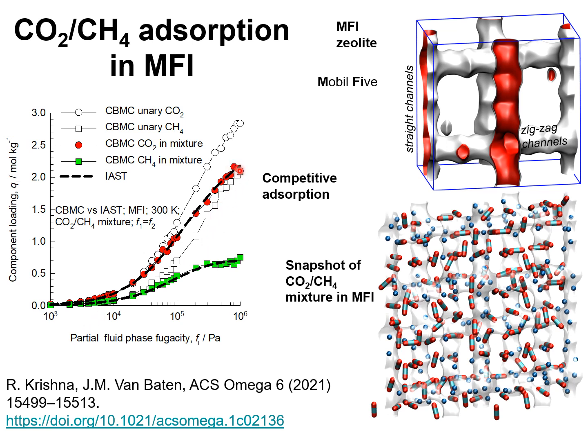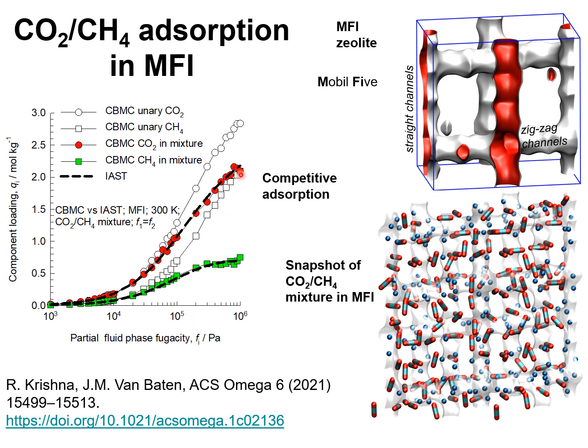The red circles represent the component loadings for CO2 in the mixture, and the green squares represent the component loadings for methane in the mixture. The component loadings are compared at the same partial fluid phase fugacities in the bulk phase.